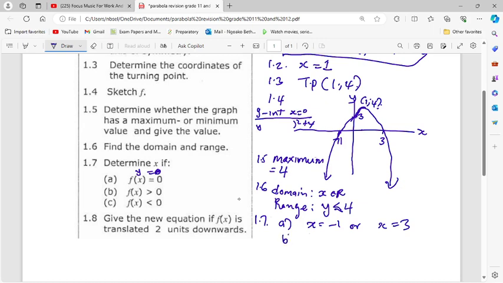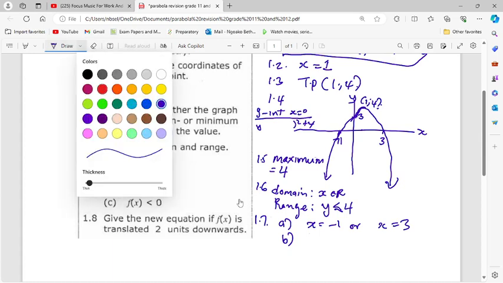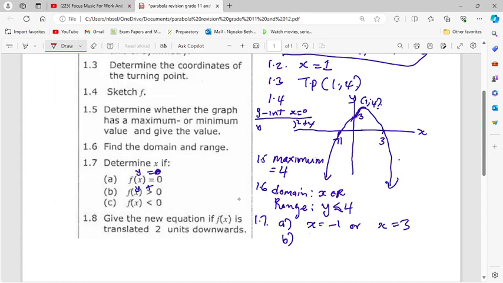Number B, they are asking for the values of x where y is greater than 0, meaning positive. So where are the values of y positive on the graph? If we check our graph, the values of y here are positive, positive, positive.